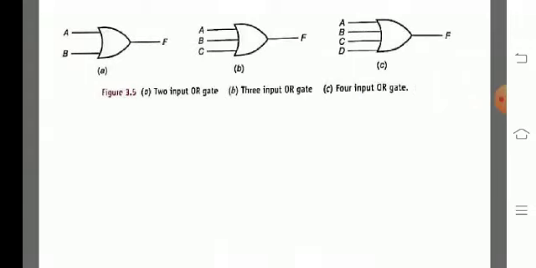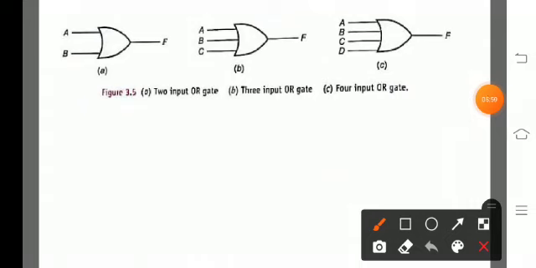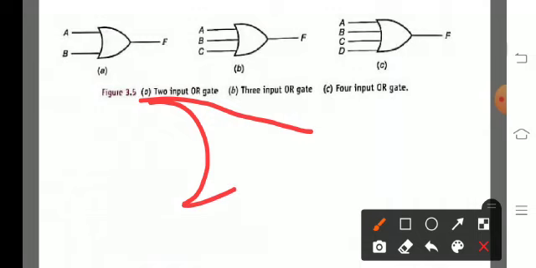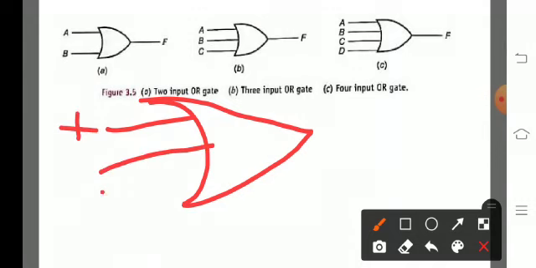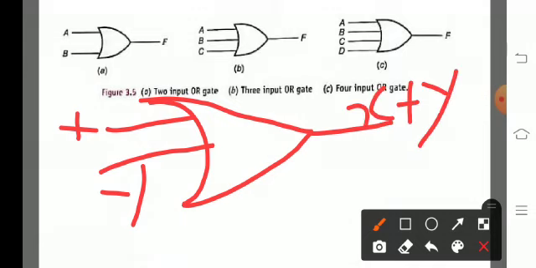Here, the gate symbol. The NOT gate symbol is this. But the OR gate symbol is something different. This is the OR gate symbol. OR gate has minimum 2 inputs, X value and Y value. If 2 inputs come, the answer is X plus Y. This is called the OR gate answer.